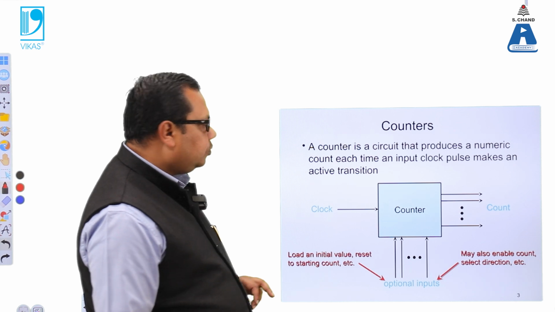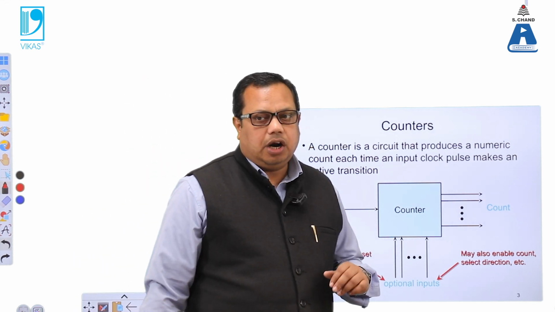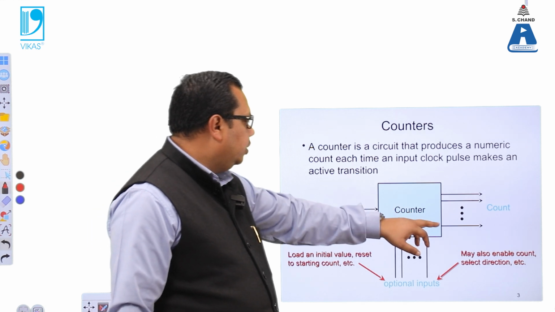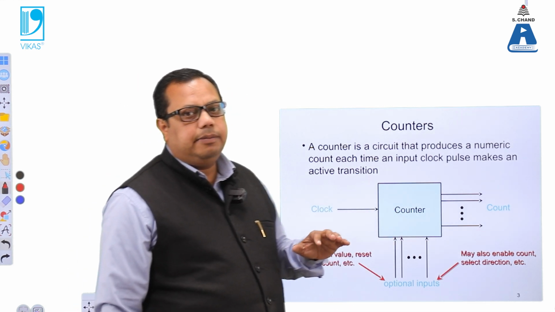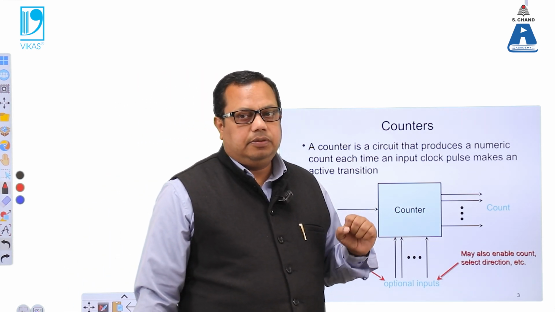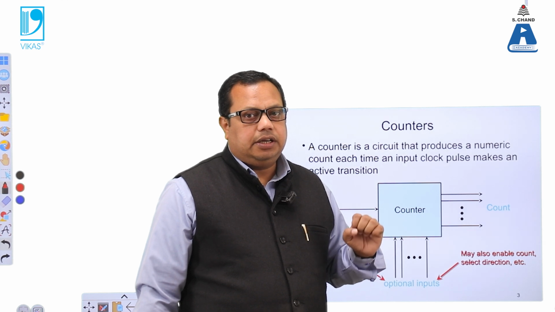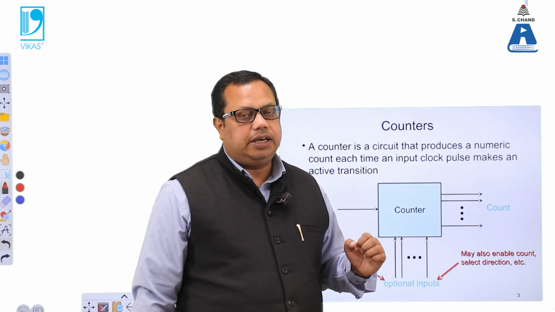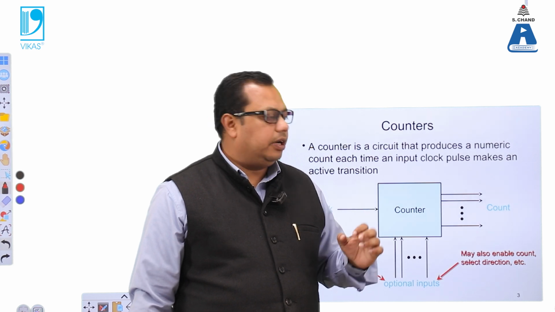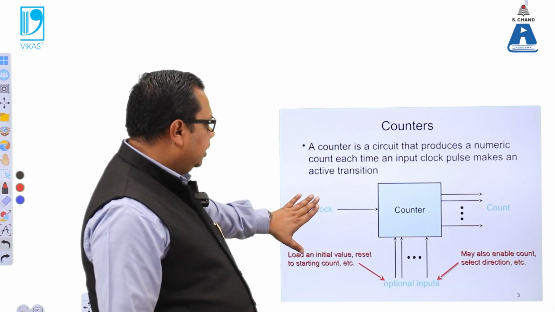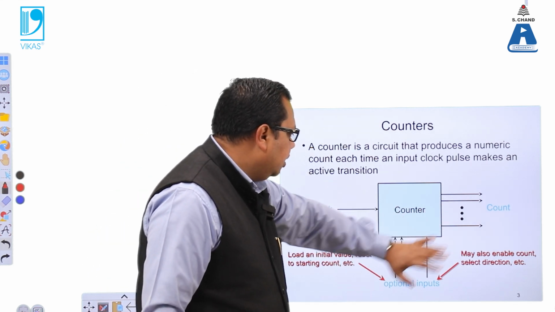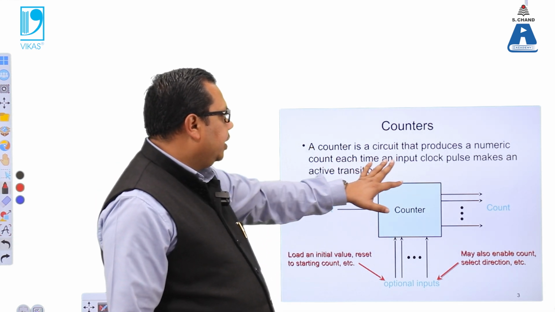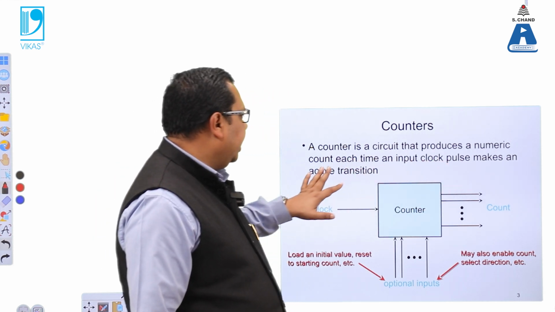So we have counters. Counters are basically used for the clock and the count. Whatever time period we decide, the counters are used to evaluate that particular time period, whether the time period is small or less. Here we can see a clock, a counter, and the count. This is a circuit that produces a numeric count each time the input clock pulse makes an active transition.